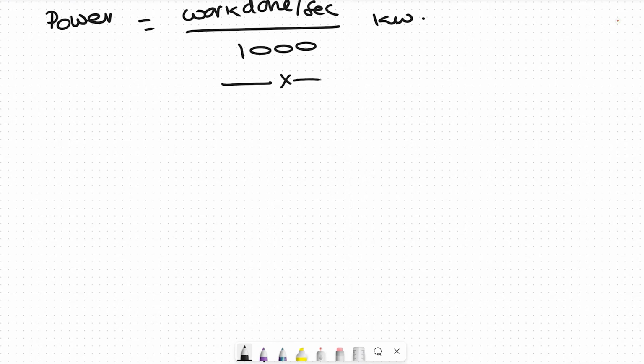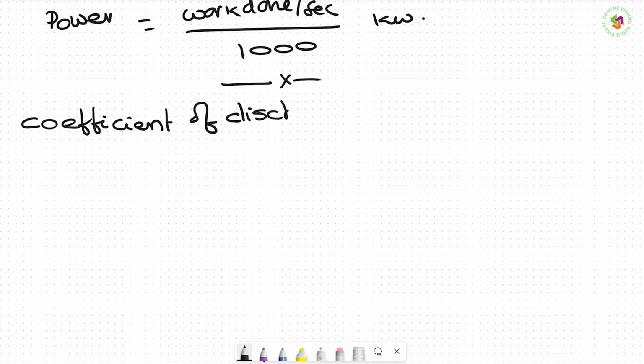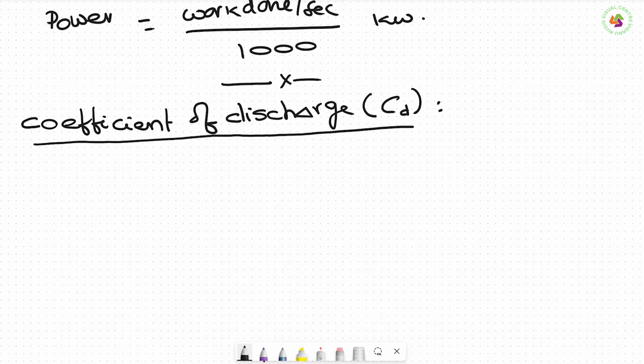The first thing is, what is coefficient of discharge, which you already know from the fluid mechanics course. Always in the case of a reciprocating pump, the actual discharge QA is always less than the theoretical discharge.